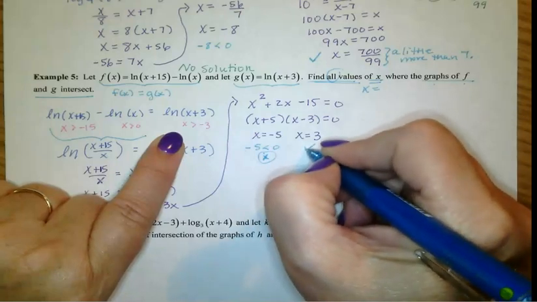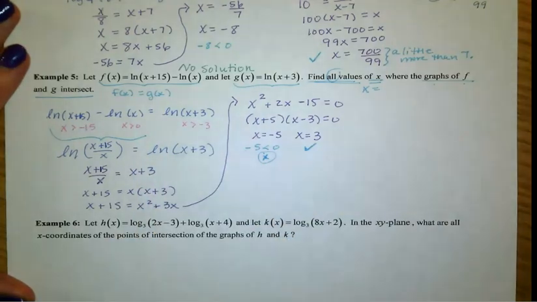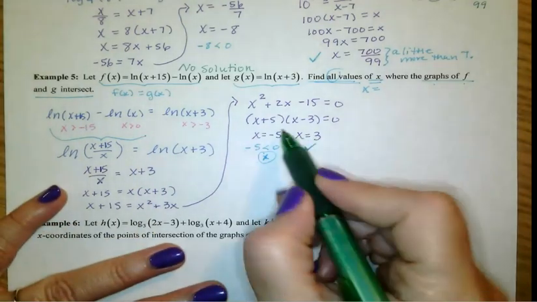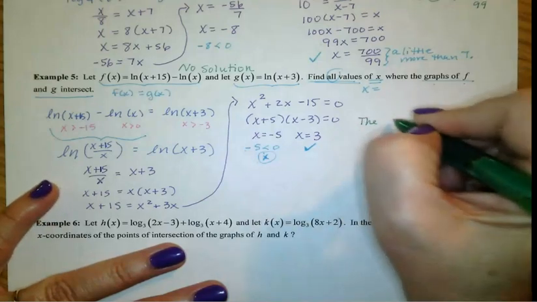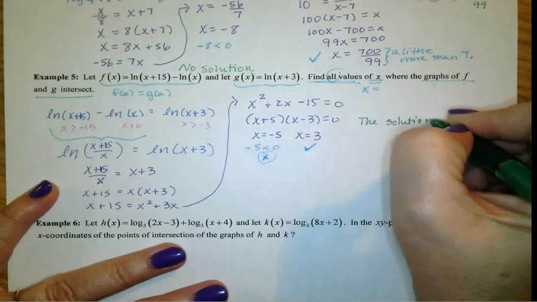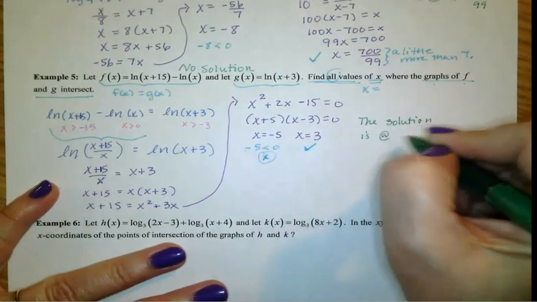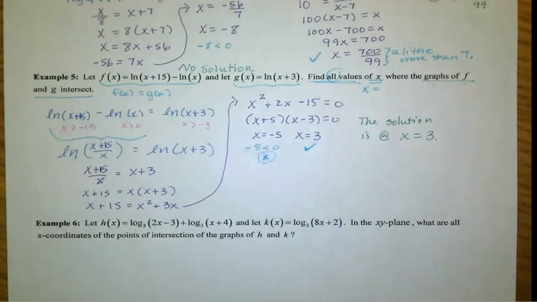So this one checks out in all of the places of my log where I have to worry about my domain. And so from this, then negative 5 is not going to be a solution. The solution is at x equals 3. So in that case, this is the only one of those two things that has a solution.